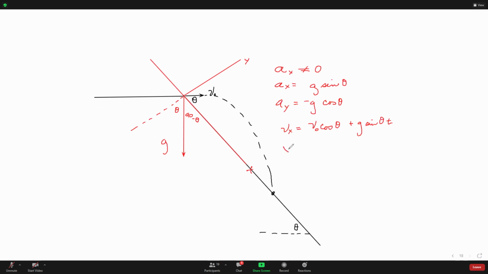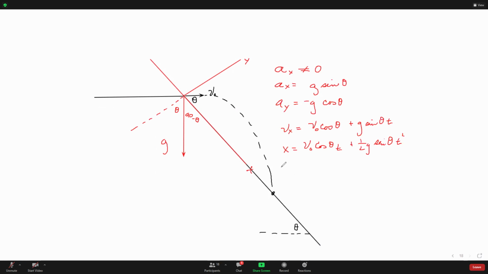And my x position is v0 cosine theta t plus 1/2 g sine theta t squared.